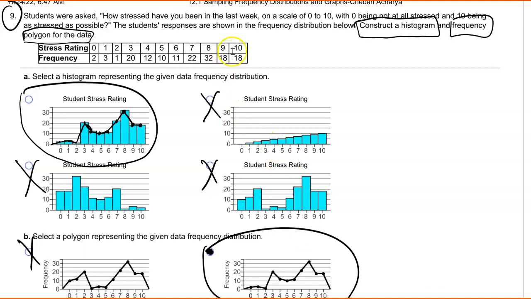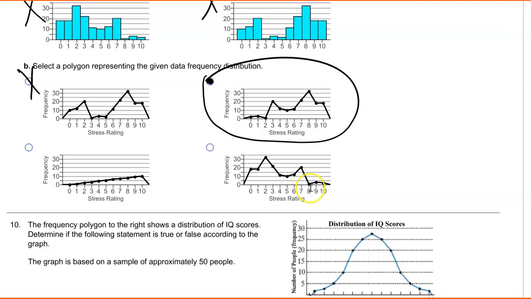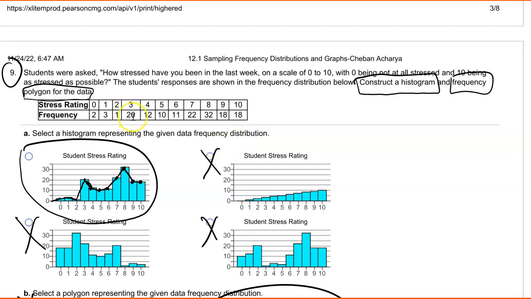But in the table, the frequency for 8 is 32, but this says 0. Therefore that's not correct. Also this is definitely not correct, because it doesn't look like this graph. Therefore the answer is this one. Okay, that's how you construct a histogram and frequency polygon for the data.